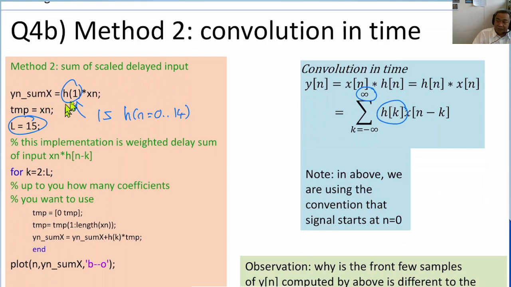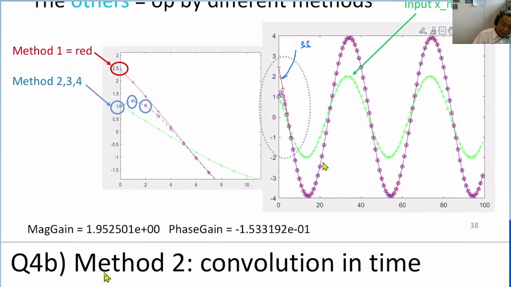Of course, again, the index starts from 1 for MATLAB. So we are doing the sum, like what we have done in question 4a, and this is the blue one. The blue one, again at steady state, looks the same as the red except in the front.